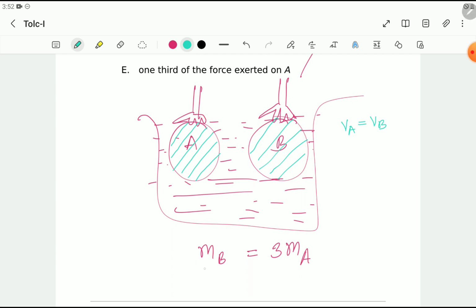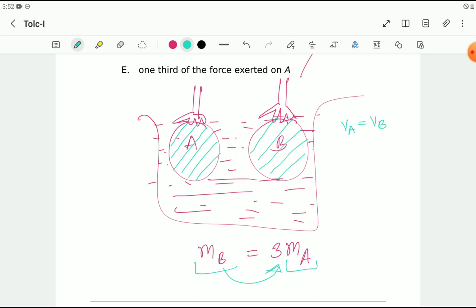Although we know that ma is lightweight and mb is 3 times heavier than ma, even though it's heavier, it doesn't affect the mass of liquid removed.